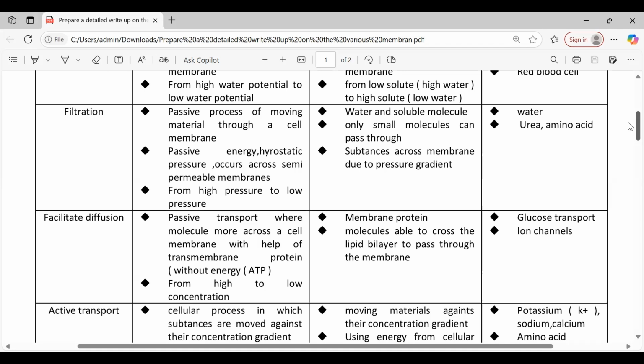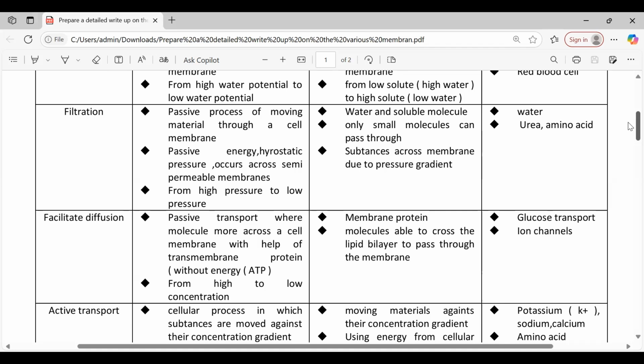The substance transported is water and soluble molecules. Only small molecules and substances pass across the membrane due to pressure gradients. Examples of filtration are water, urea, and amino acids.